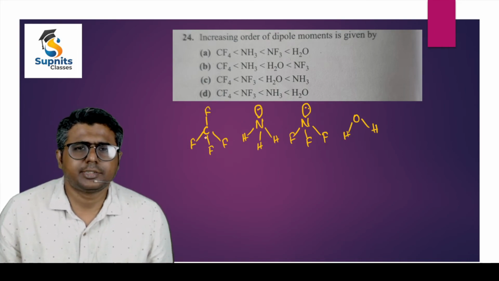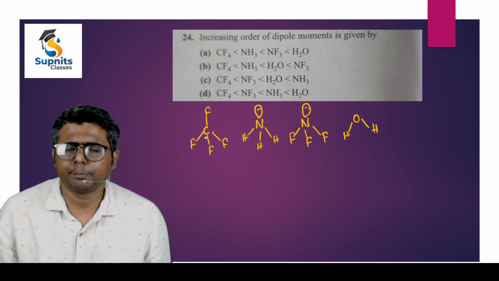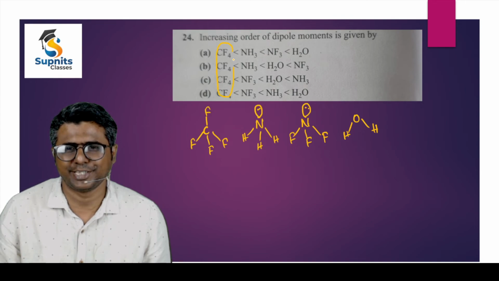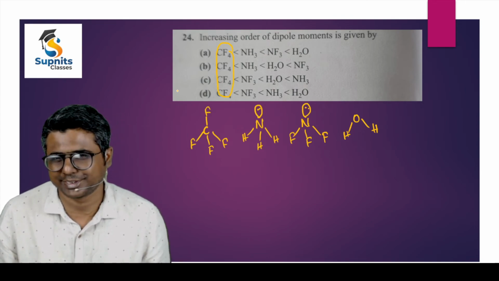We can guarantee that CF4 will have zero dipole moment, a perfectly tetrahedral structure. All these options have CF4 in the first position, so it doesn't make any difference really.